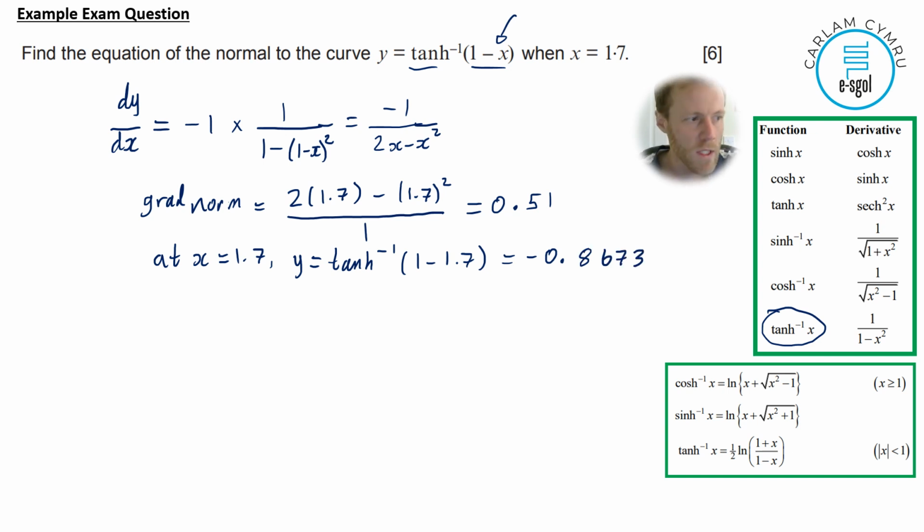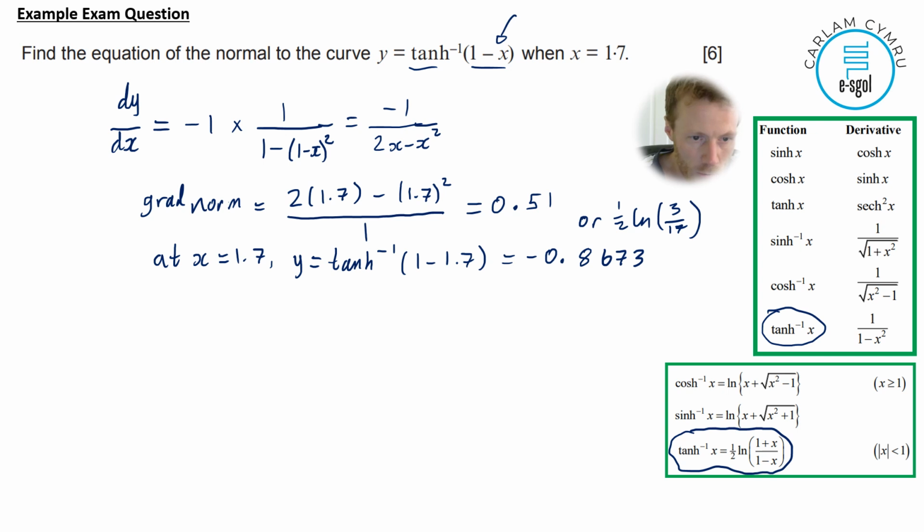I use the option button on my calculator to get that. If they wanted it in terms of natural logarithms, that is in the formula book as well. I'm just circling it down there. So we could give it in terms of natural logarithms. If we do that, this is what we get: half ln 3 over 17. Either is acceptable.